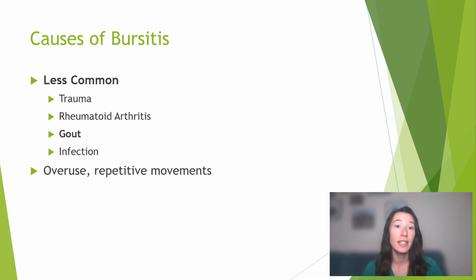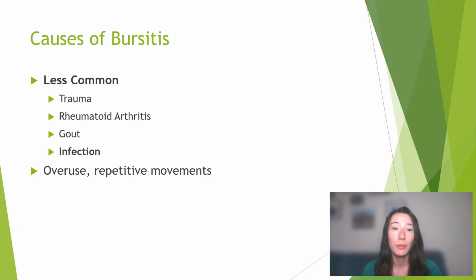Gout. This is another type of inflammatory disease that can result in a direct effect to a bursa. What happens with gout is that crystals form, and crystals with respect to the bursa, they can actually be deposited inside the bursa. I mean, that just sounds incredibly uncomfortable to have a hard crystal inside the bursa. So this obviously leads to pain, it leads to irritation of the bursa, thus bursitis.